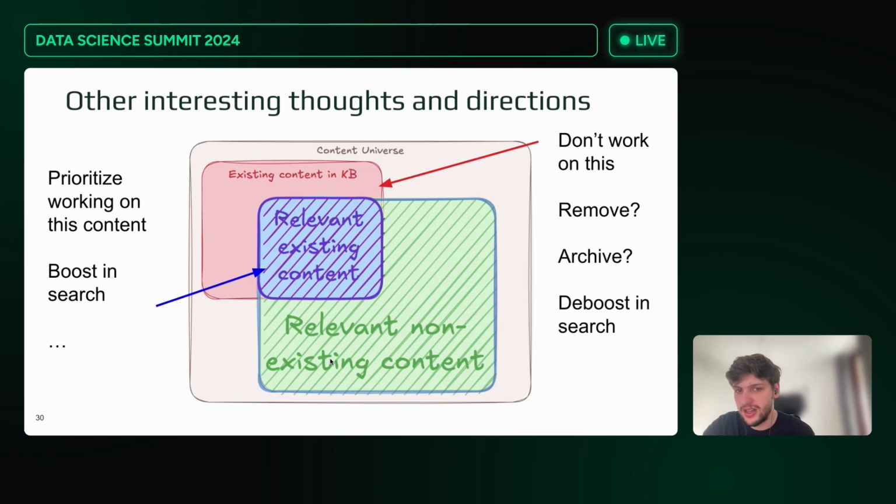So instead of telling our customers what the content gaps are, we can tell them what is the most relevant content within their knowledge base. This allows them to prioritize which content they should work on that they already have, which content they should improve, which content they should boost in search. And the rest of the content they can potentially archive, they can deboost it in search, potentially even remove it if it hasn't seen any traffic at all.